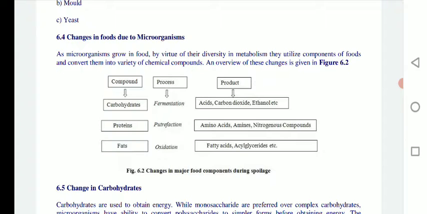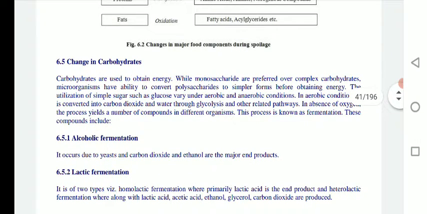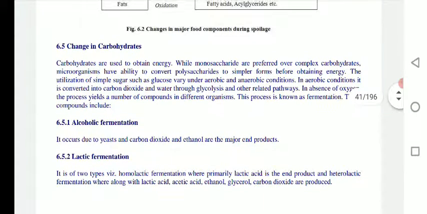And the principal building blocks or biomolecules get transformed into some other components. As far as the changes in carbohydrates are concerned, sugars get fermented in the case of alcohol fermentation or lactic acid fermentation.